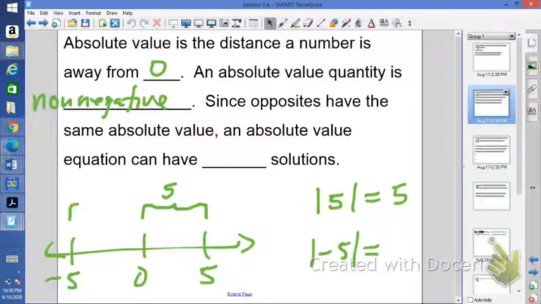Now the absolute value of -5, how far away from -5 is 0? Well, that is also 5 units. So the absolute value of -5 is also 5. Since opposites, 5 and -5 in this example, have the same absolute value, an absolute value equation can have two solutions.